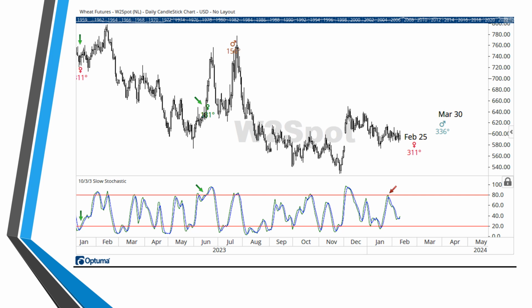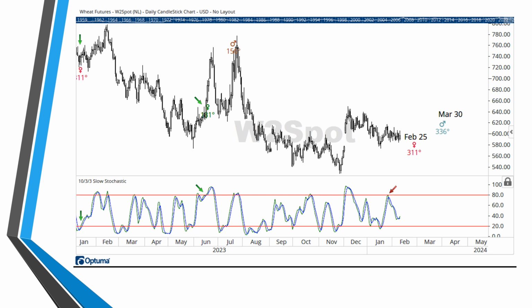And if you were not in wheat at that point, you certainly are not going to jump in because the stochastic is giving you a flashing red warning sign. And boy, look at what happened. Price of wheat was $7.50 a bushel. And coming into the end of 2023, it got down around $5.30. It was an ugly, ugly situation.